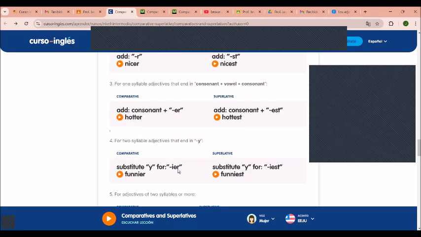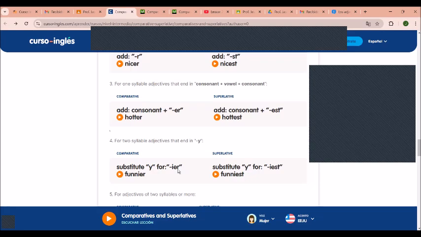So fun is one of those complicated ones. We'll come back to see what we really do with it. Hot, double T, hotter, hottest. We also have big, bigger, two G's, biggest, two G's. All right.